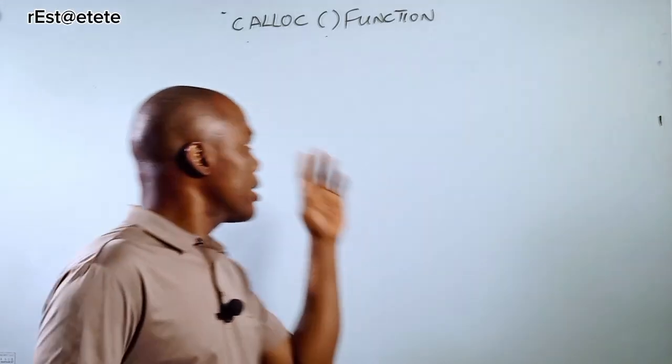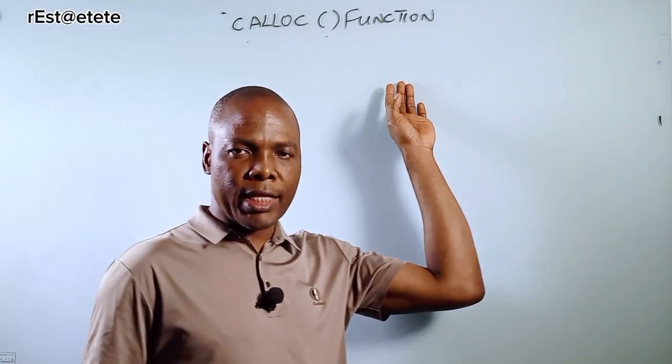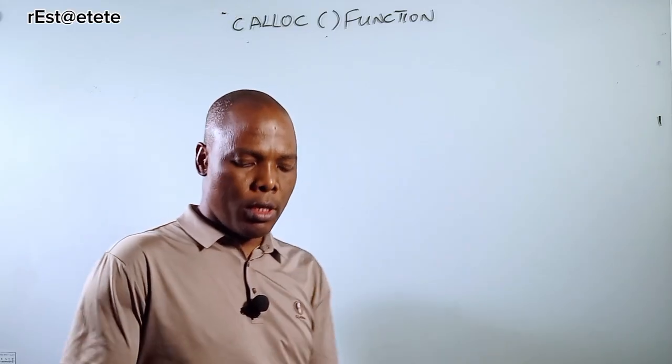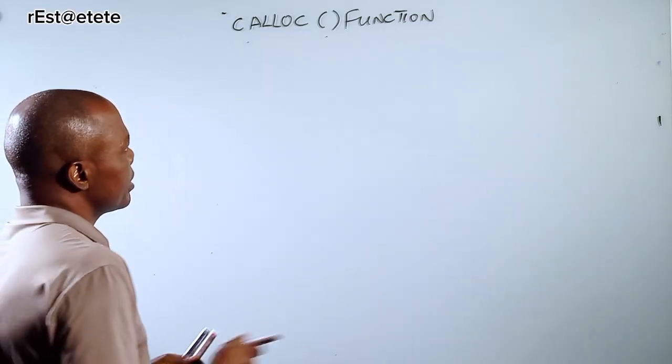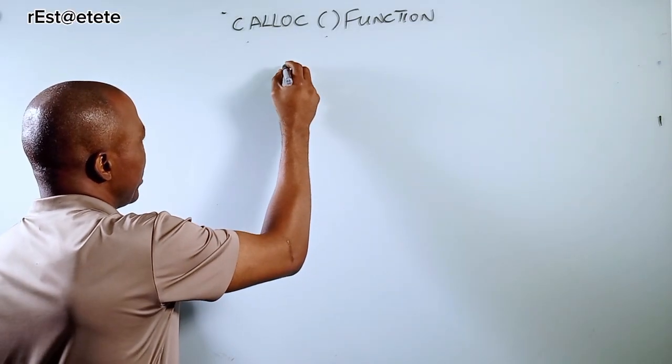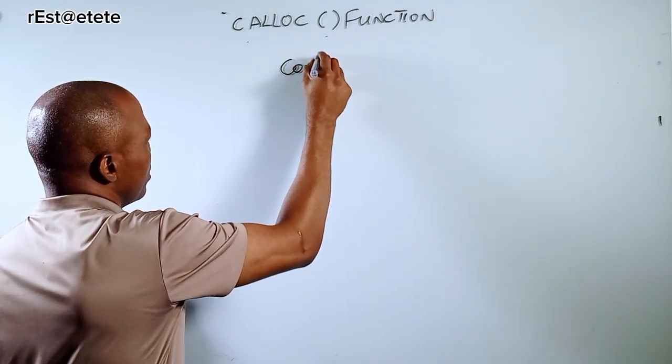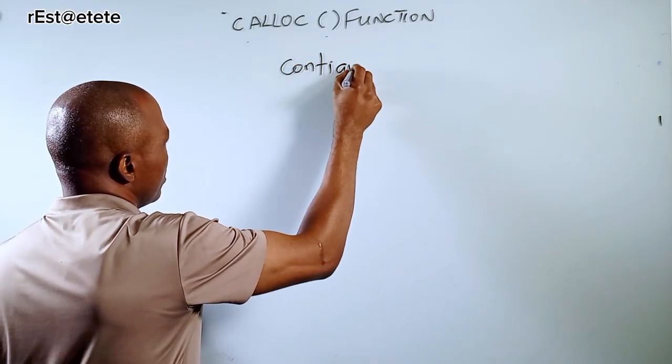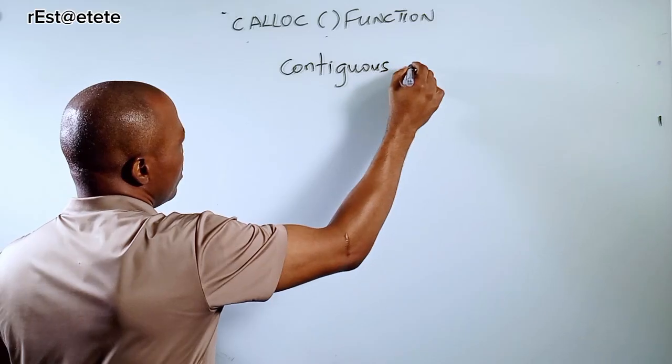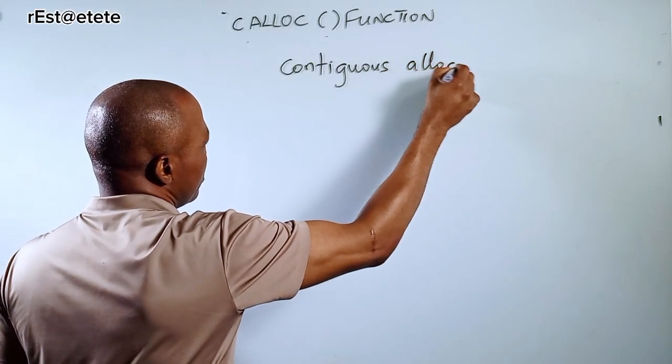Today we want to look at the calloc function. The last class we did the malloc function. So what is calloc? Calloc stands for contiguous allocation.